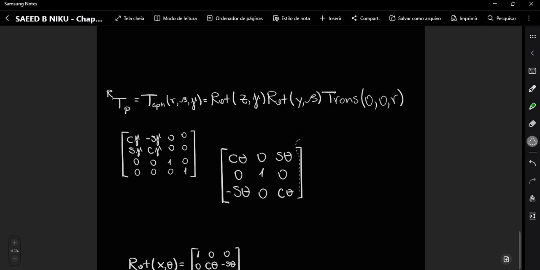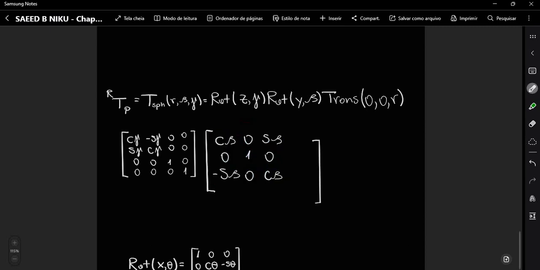And these angles, they are beta, and adding the scale factor. Beta, and the scale factor. Okay.